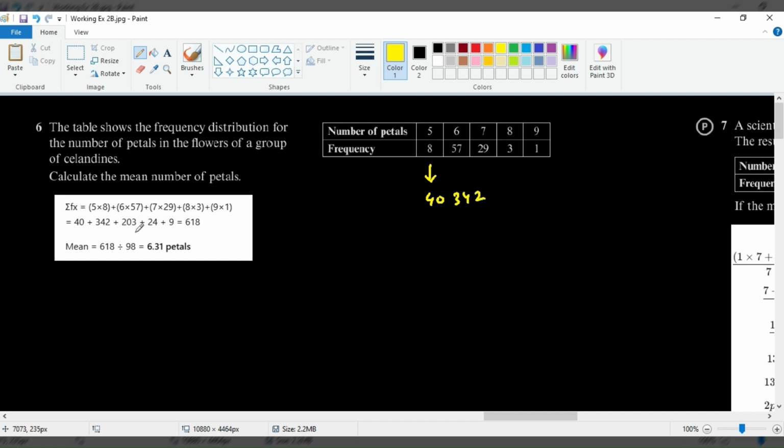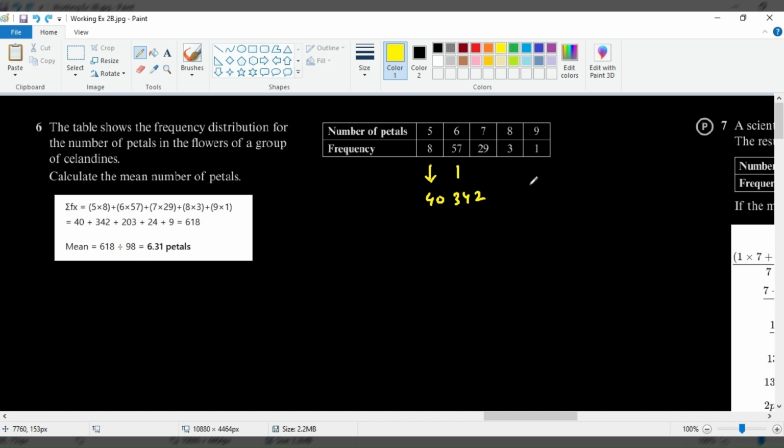I've already done it over here. Once we multiply these two values, we get 342. Likewise, when we add them together, we get 618, and 618 is divided by 98. It gives us 6.31. If you need to find out how we get 98, when we add the frequencies together, we get 98.